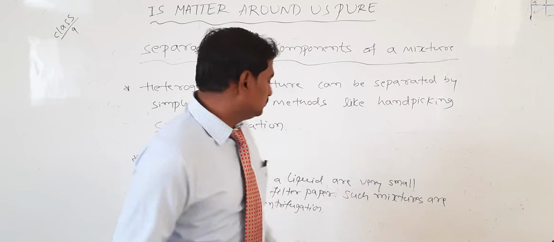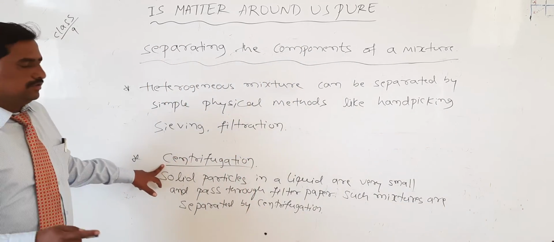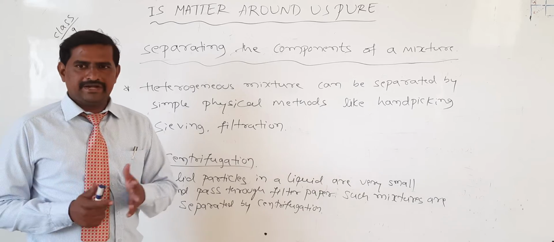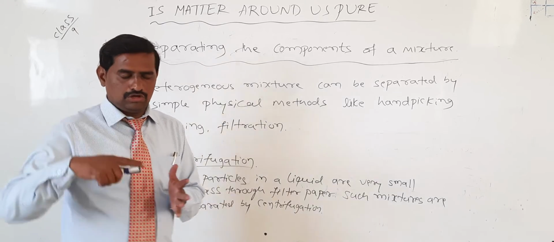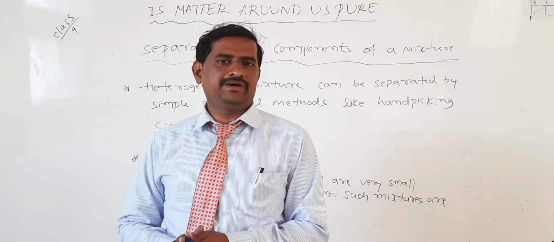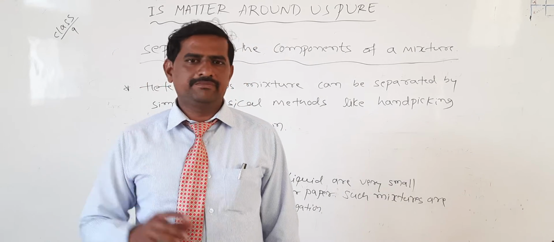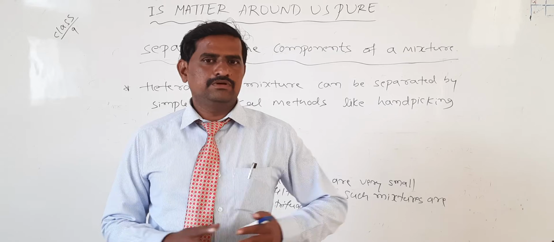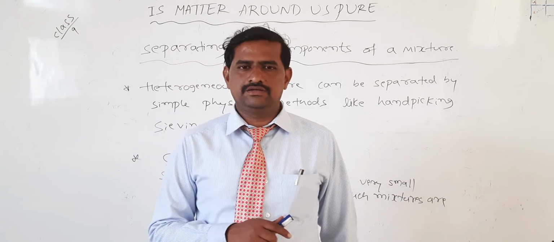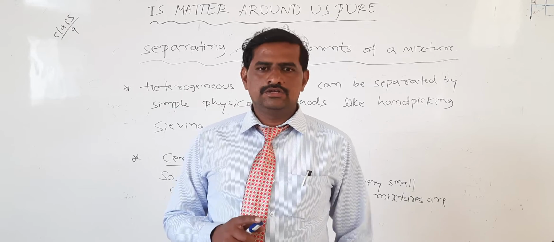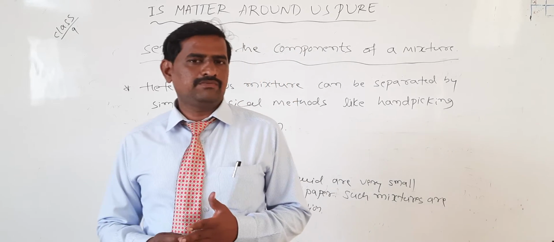But sometimes the suspended particles pass through the filter paper. If they pass through the filter paper, then how can we separate them? Just here, how to remove the cream from the milk. Milk is already an example of colloidal particles.